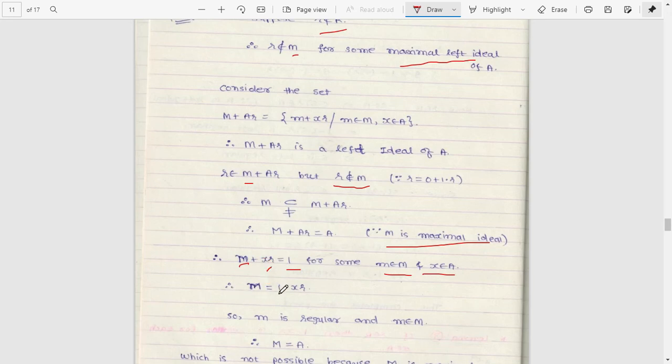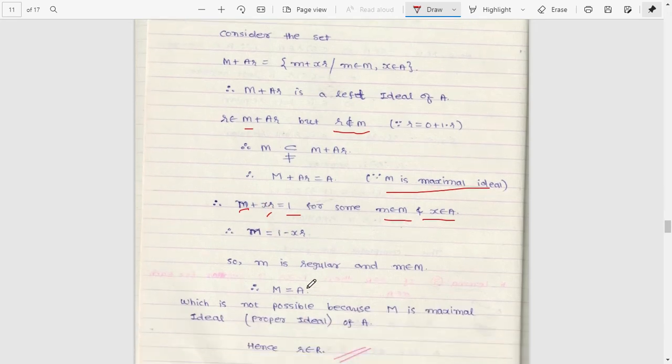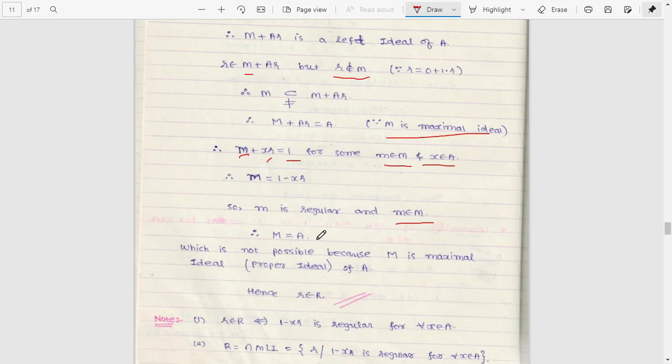So m is regular and m belongs to M. So M is equal to A, which is not possible because M is a maximal ideal of A. So our supposition is wrong. So r belongs to R.